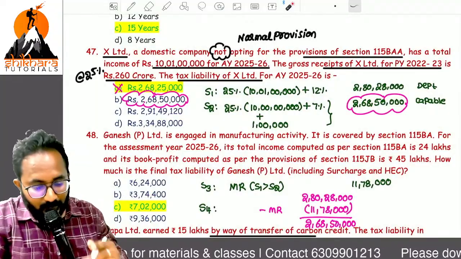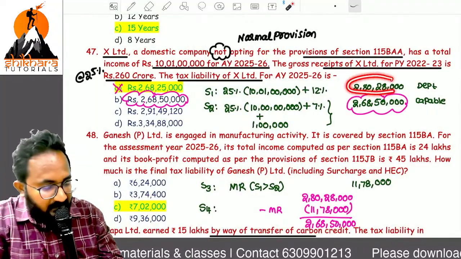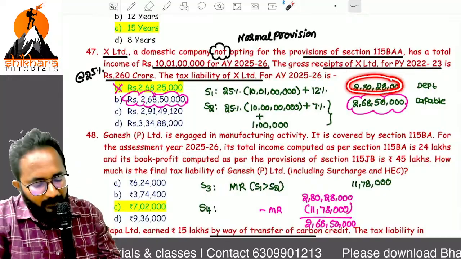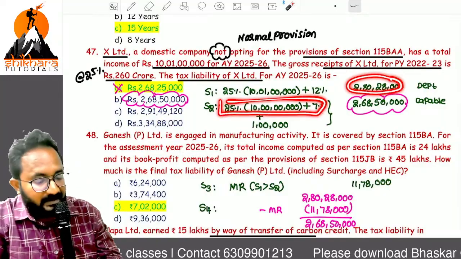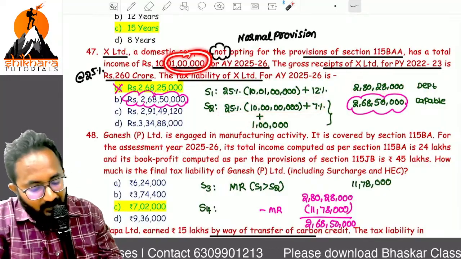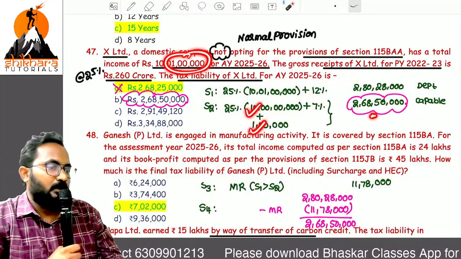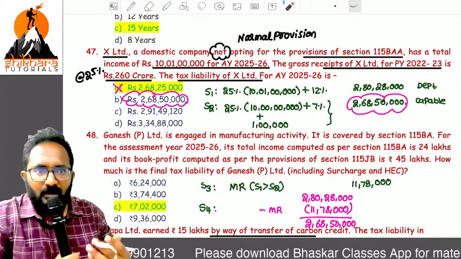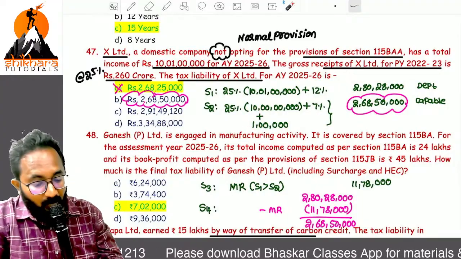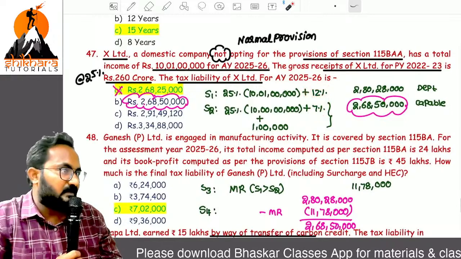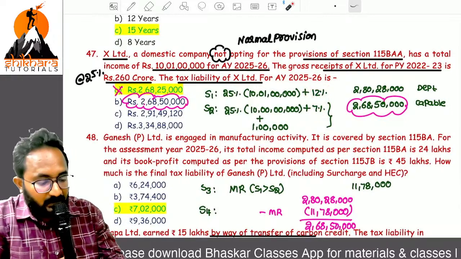Here I will give an example. You are saying, sir, you are asking 2 crore 80 lakh something. I will not pay, sir. I will pay the tax on how much? 10 crore, excess income and 1 lakh. That amount also I will give to you only. You are demanding this amount, I will not pay, sir. The reason is that because of the increasing surcharge rate, you are asking more than my capability.